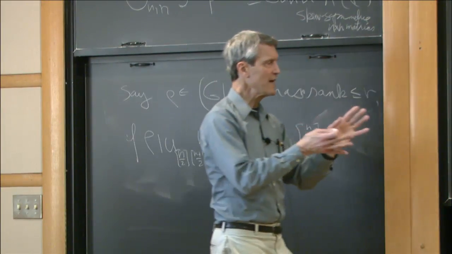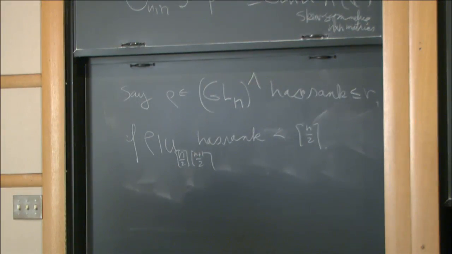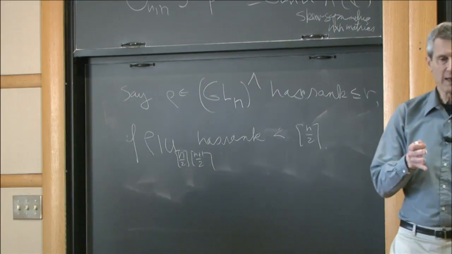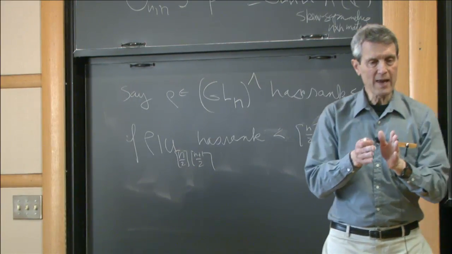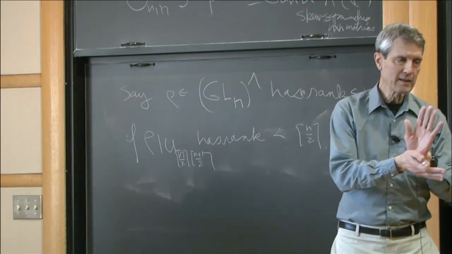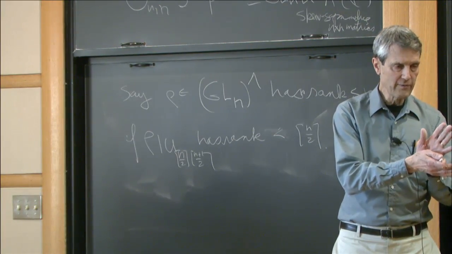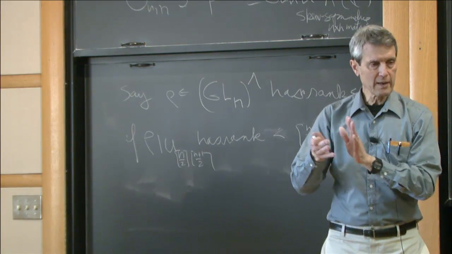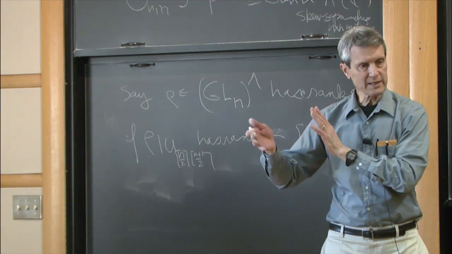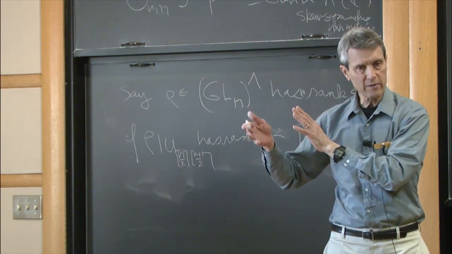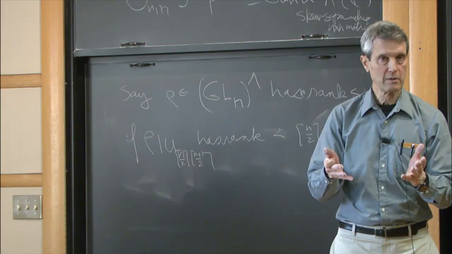You could test the rank against different K and L. If the rank is less than the minimum of K and L for one pair, and that number is less than the minimum of K prime and L prime for another pair, you'll get the same answer.